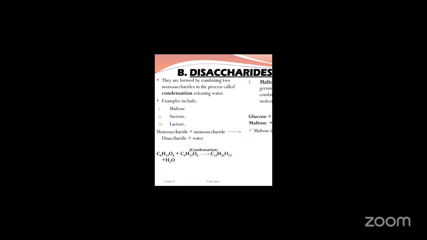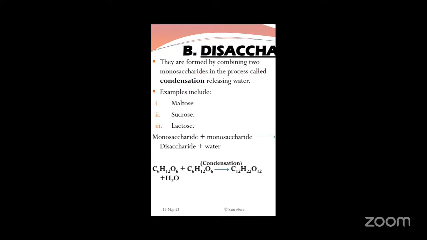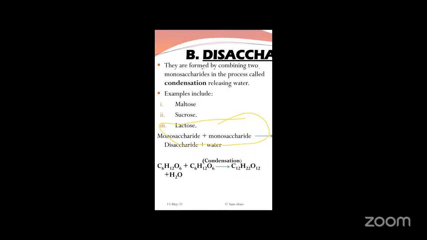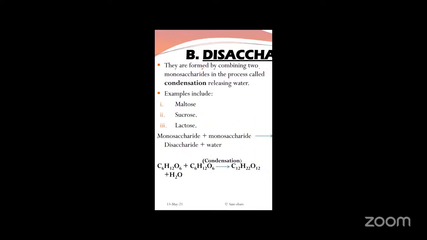Now, when you combine two monosaccharides, you form a disaccharide. For example, if you look at this equation that is shown here, it is showing how a monosaccharide and a monosaccharide can be combined to form a disaccharide plus water.